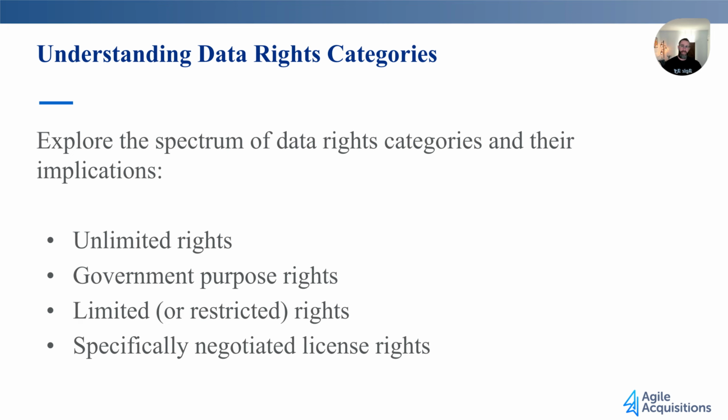When we think about data rights as far as government terms go, there's generally three main categories: unlimited rights, government purpose rights, and restricted rights. Unlimited rights are unlimited as they sound. The information, the code, or the software is available to anyone in the federal government, but the federal government can also make it available to anyone outside.